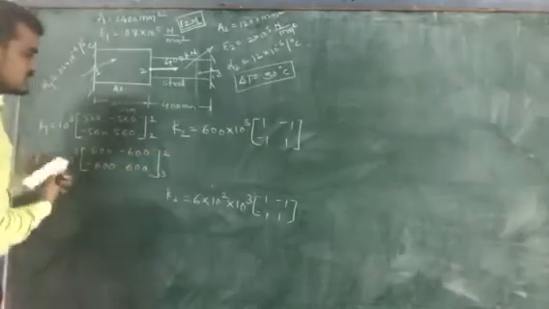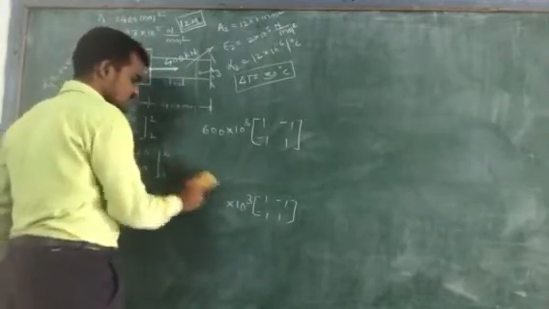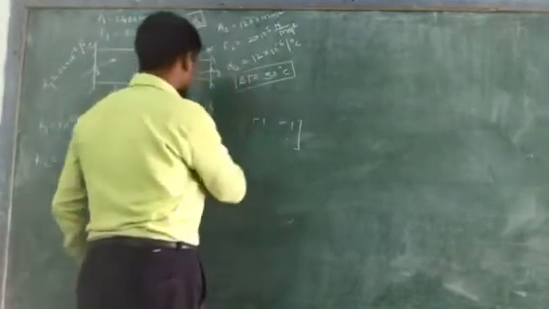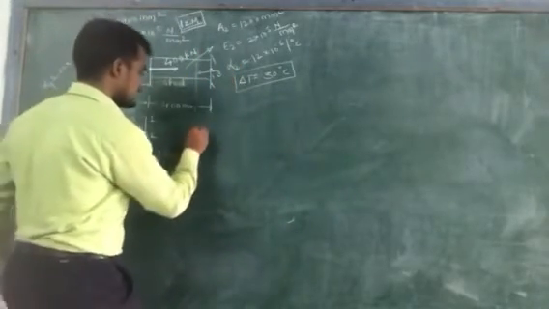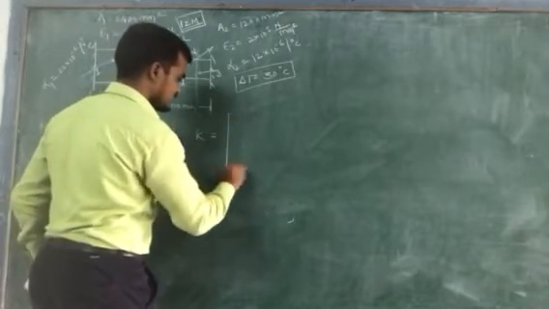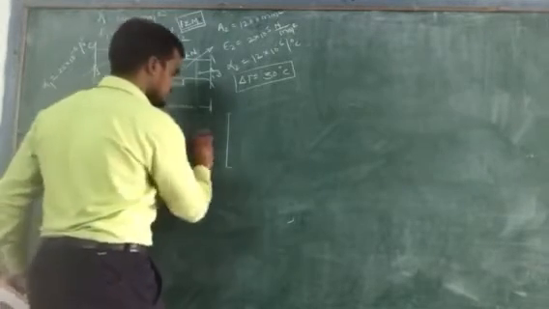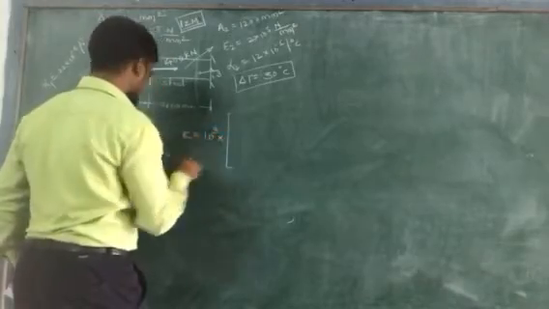Now construct the global stiffness matrix. Same procedure as we have studied on how to construct the global stiffness matrix. As there are 3 nodes, this K will become 10 raised to power 3, it is the common value.